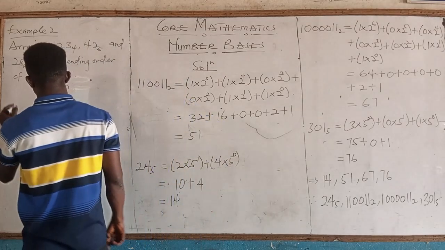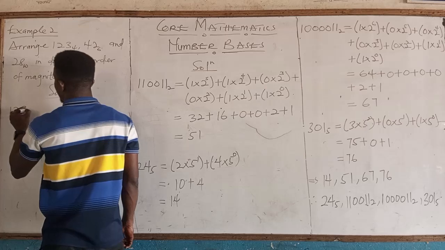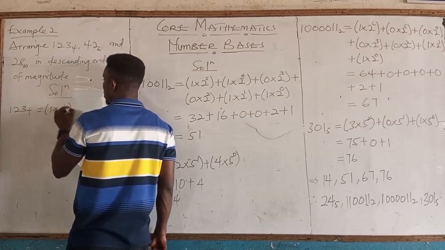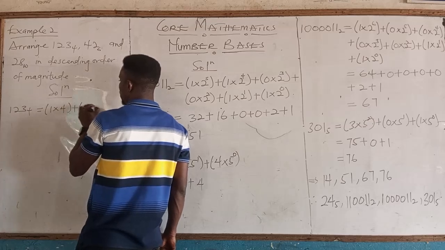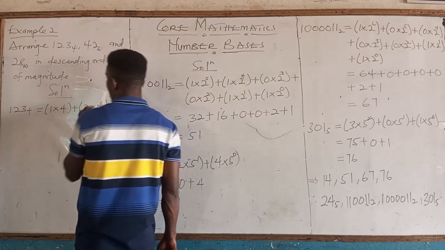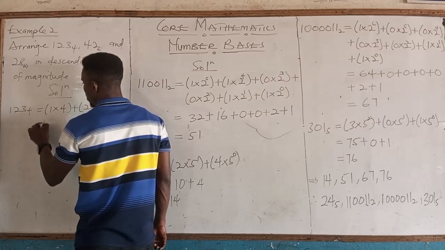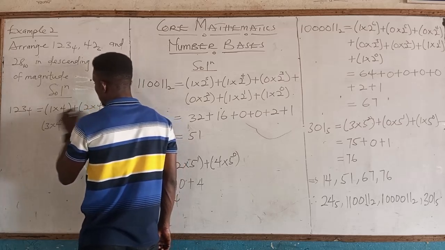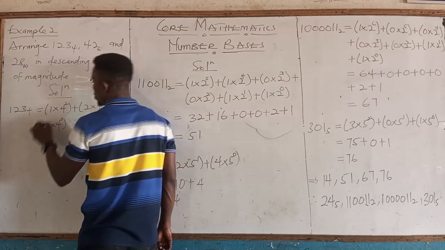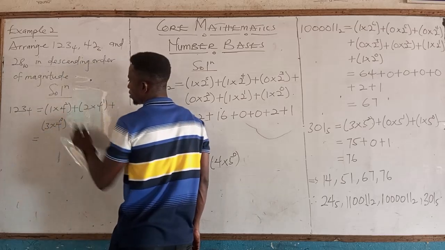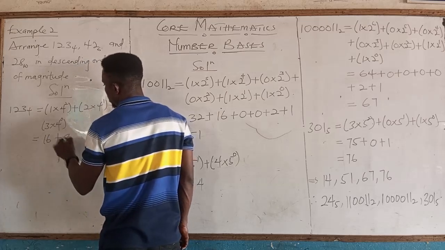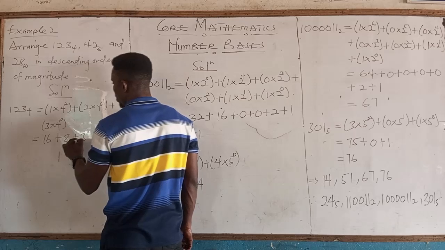So what do I have? 1, 2, 3 base 4, which is equal to 1 times 4 plus 2 times 4, then plus the last one is 3 times 4. So starting I have 0, 1, and 2. Then this one will get me 16 plus 8 plus 3.